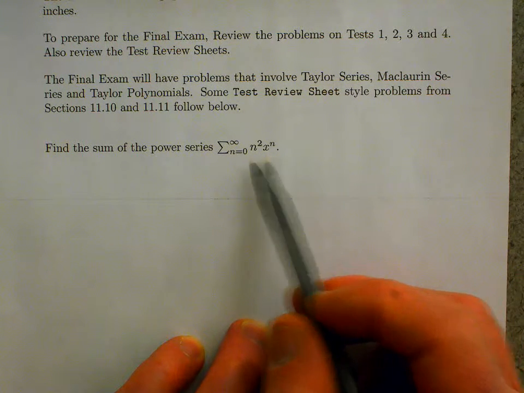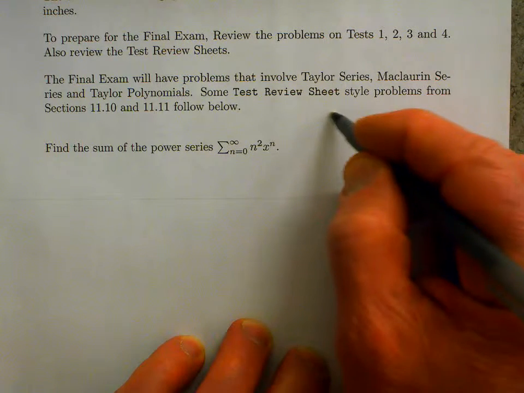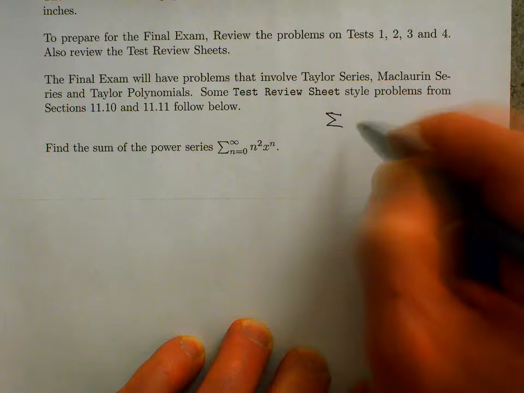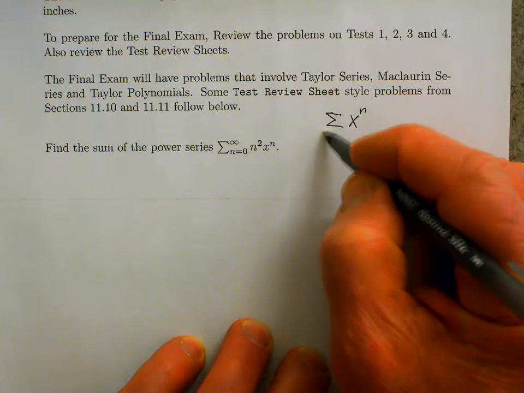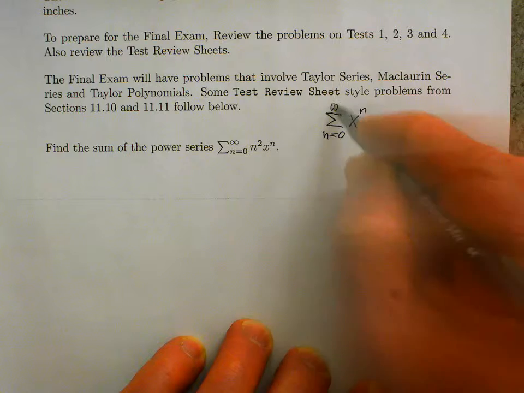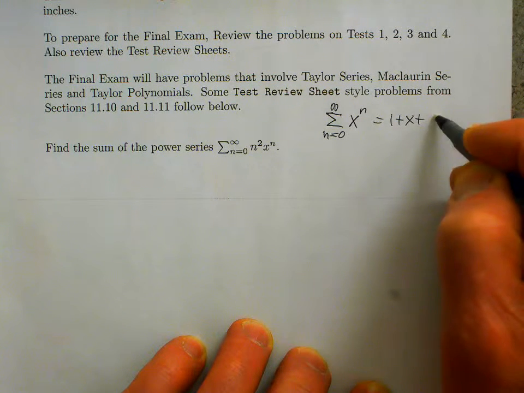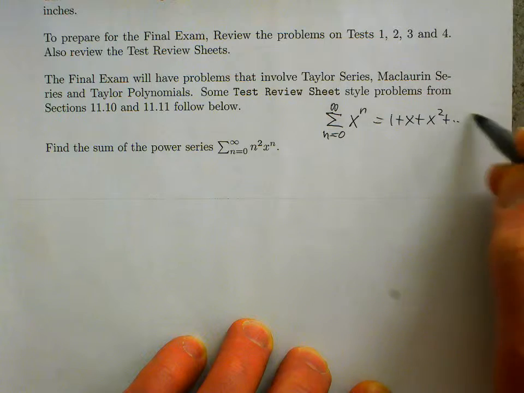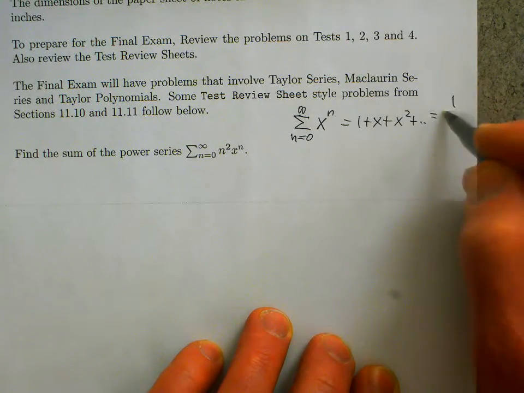So a hint on trying to find the function. Well, we know what this power series is. This one is 1 plus x plus x squared and so on. This one is 1 over 1 minus x, right?